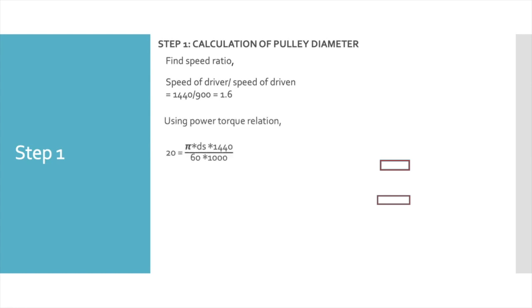The ratio is 1.6, and using the power torque relation, we obtain the smaller pulley diameter as 265.3 mm. The larger pulley diameter is obtained by multiplying the speed ratio with the diameter of smaller pulley, which is 424.5 mm.